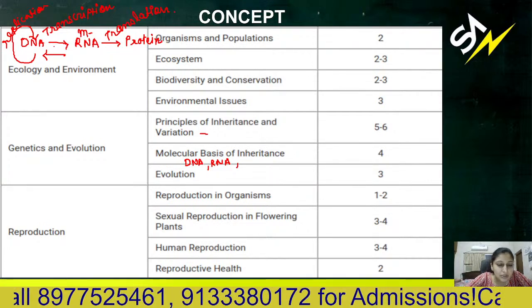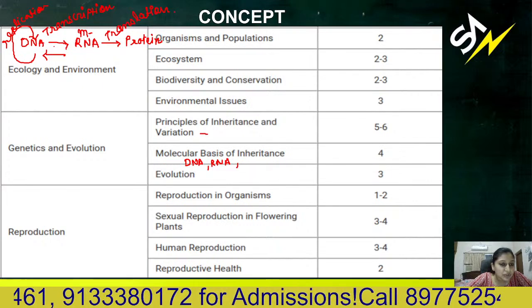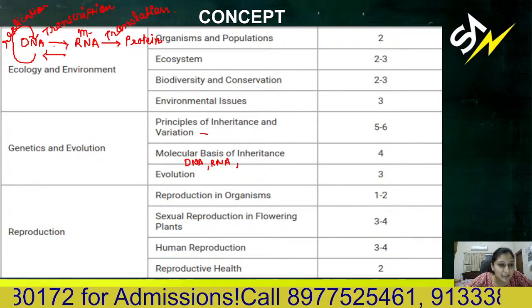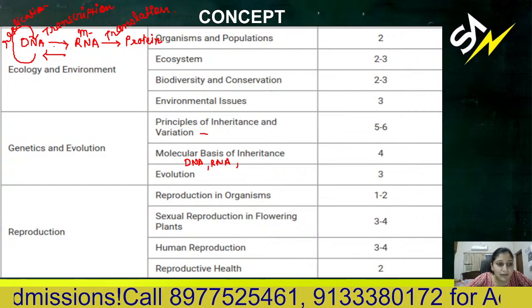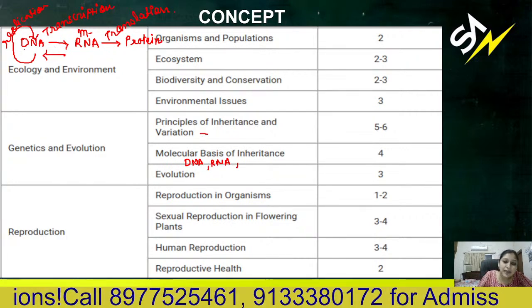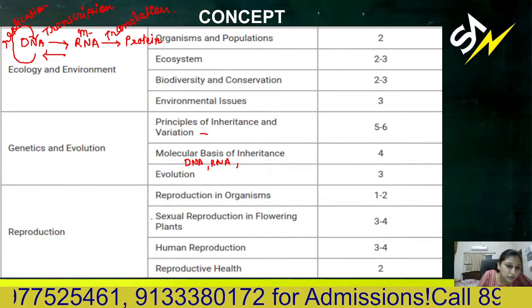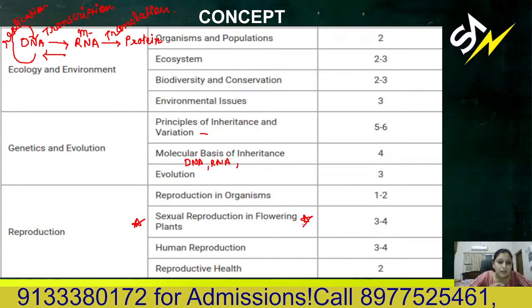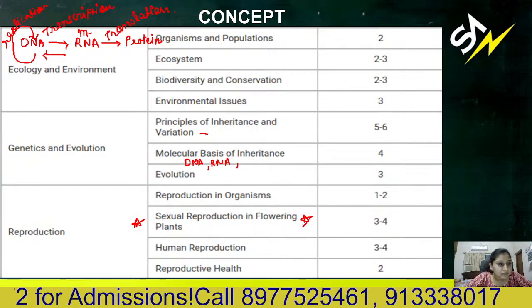Then evolution. So evolutionary theories, different types of evolutionary theories. We shall discuss Darwinism, Lamarckism, everything in the evolution chapter. Then reproduction in organisms, and again a very important chapter, guys: sexual reproduction in flowering plants.